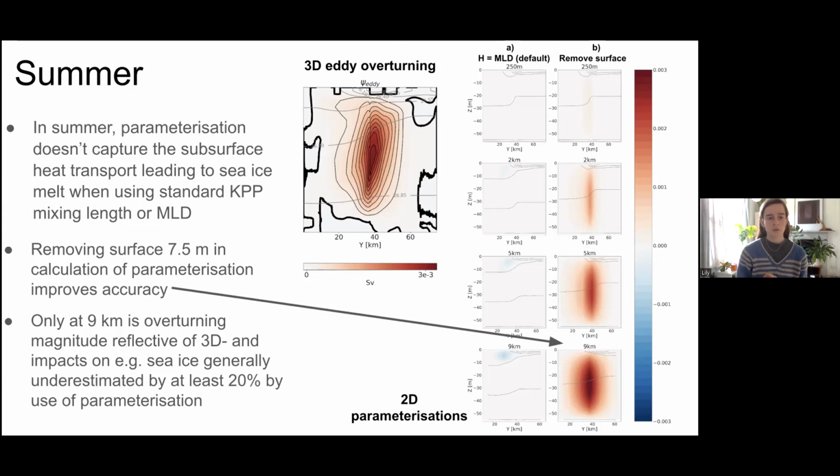This could be, for example, the default mixed layer depth, which is based on a step change in density as you go deeper into the ocean, or another possibility is using the KPP boundary layer depth, which is obviously different to using a mixed layer depth because it's only present when you have mixing within the mixed layer. So for example, in the presence of winds or buoyancy loss at the surface.